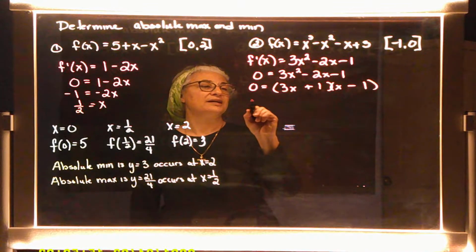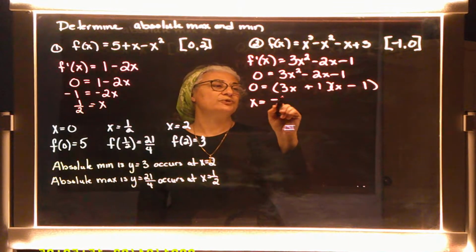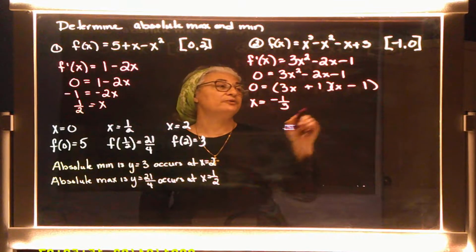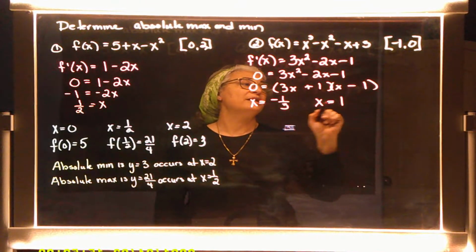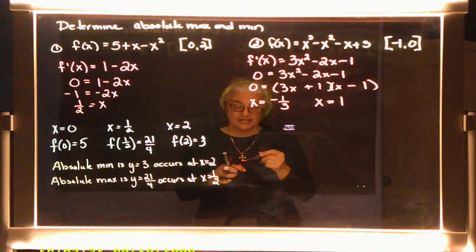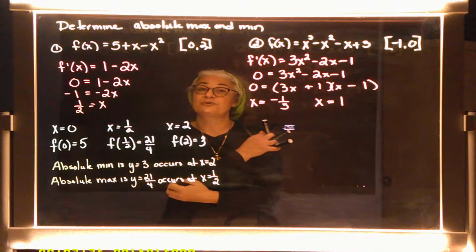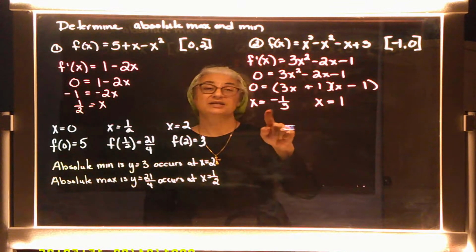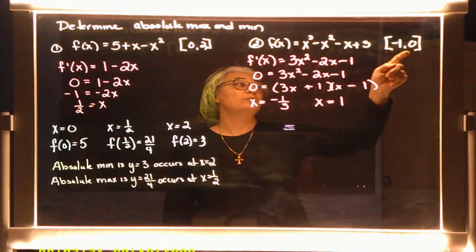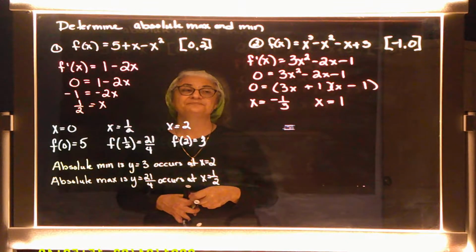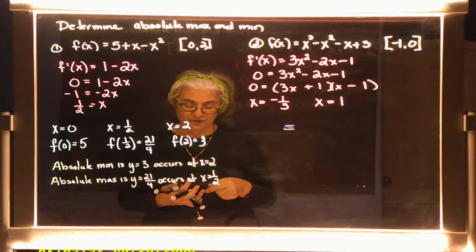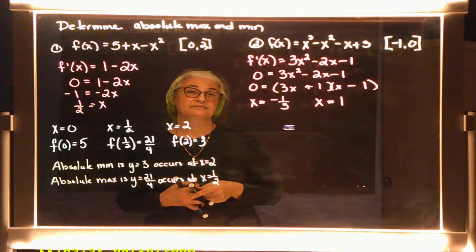And it looks like I have two criticals. x is equal to negative 1/3, and x is equal to a positive 1. Now, before we go any further, the question is, do both of these critical values fall within that closed interval? The negative 1/3 sure does, but does the 1?